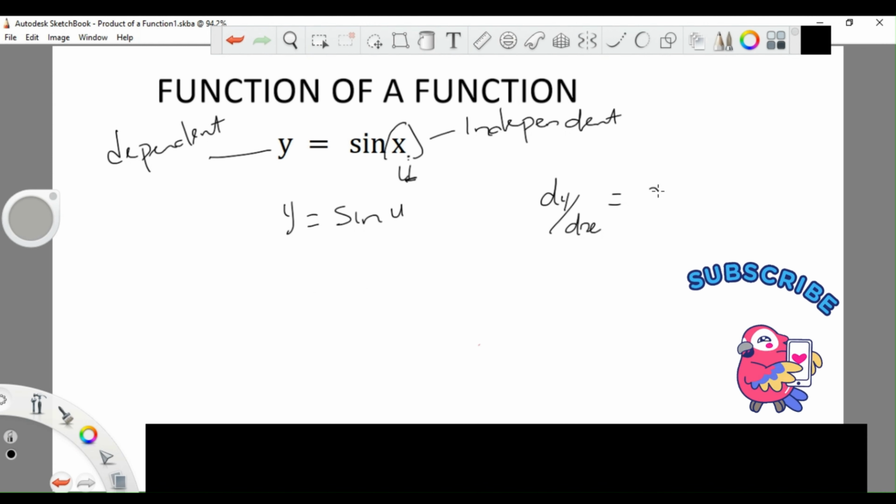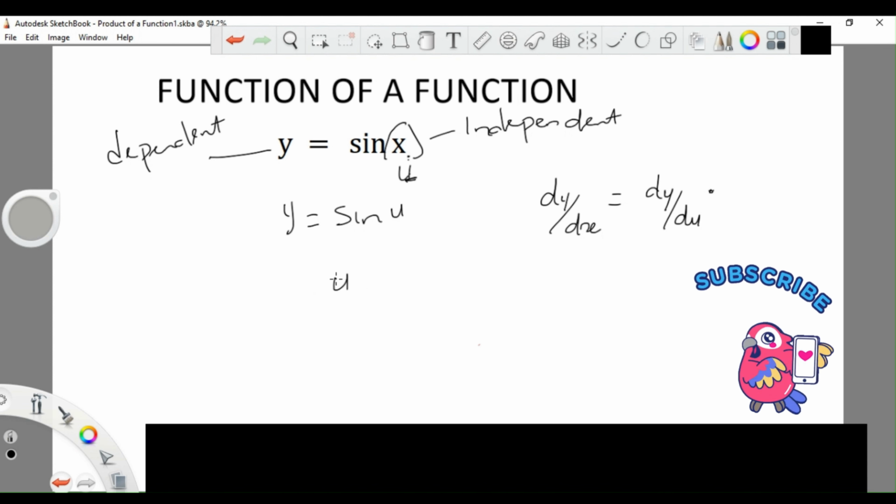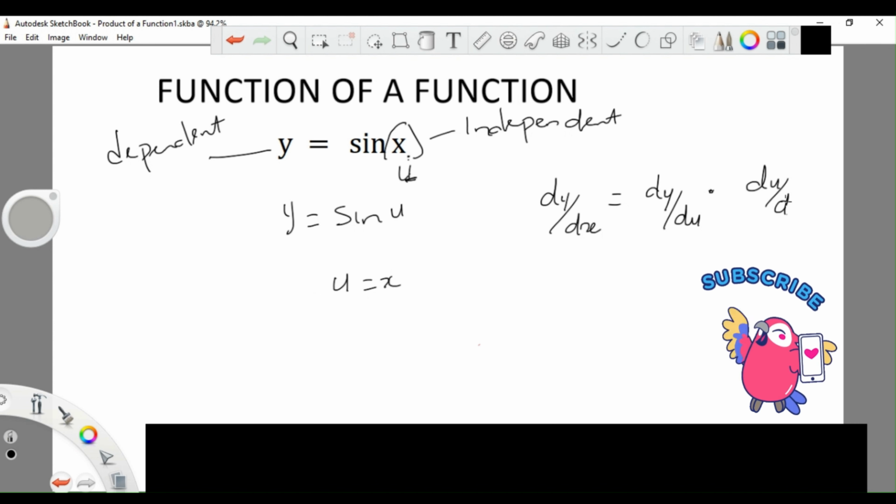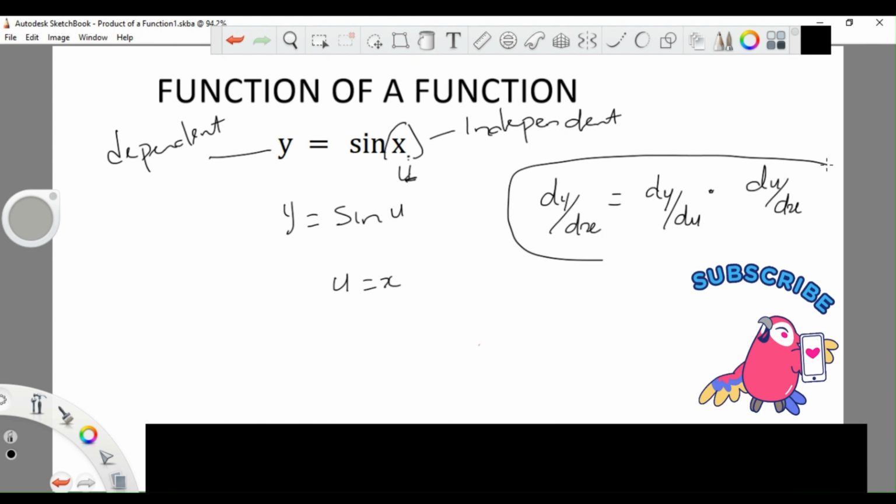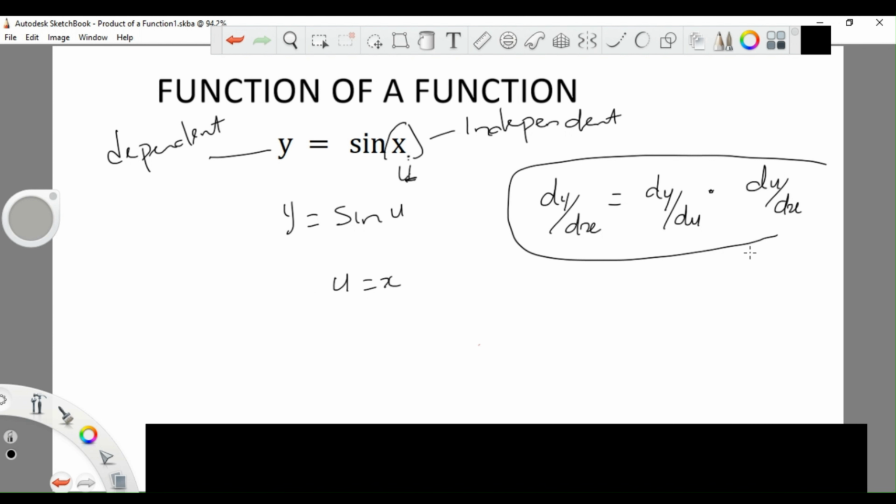That will give us dy/du times. Next, we differentiate u. Remember, u is equal to x, so that becomes du/dx. So here is our formula for differentiating a function of a function. Remember, when we multiply this, we get back dy/dx.